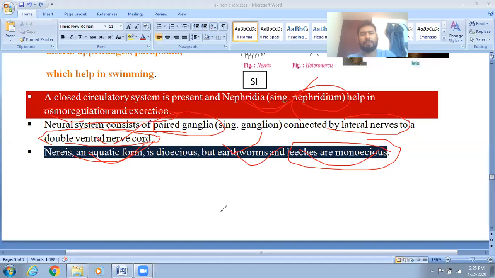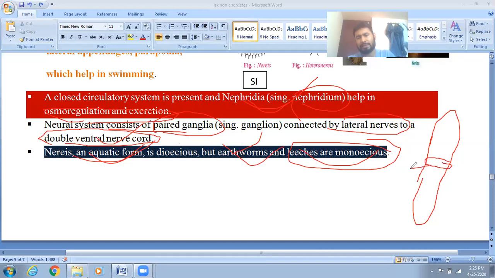In that chapter we will discuss only cockroach, but here a little bit of earthworm. The earthworm body is divided into three different regions.